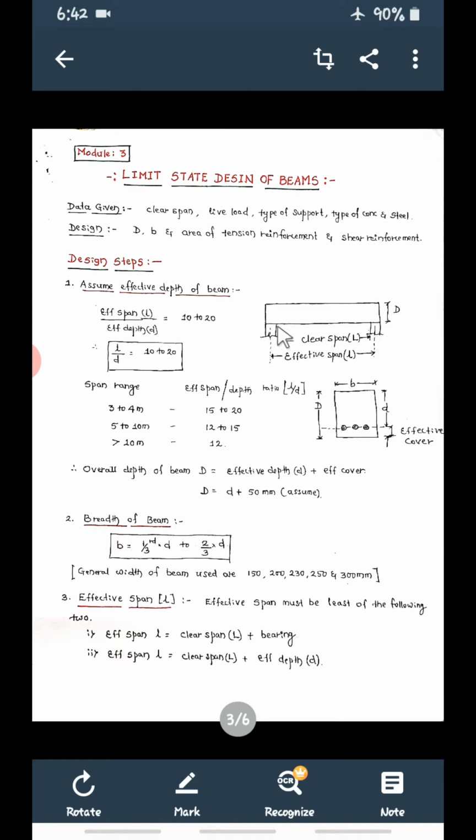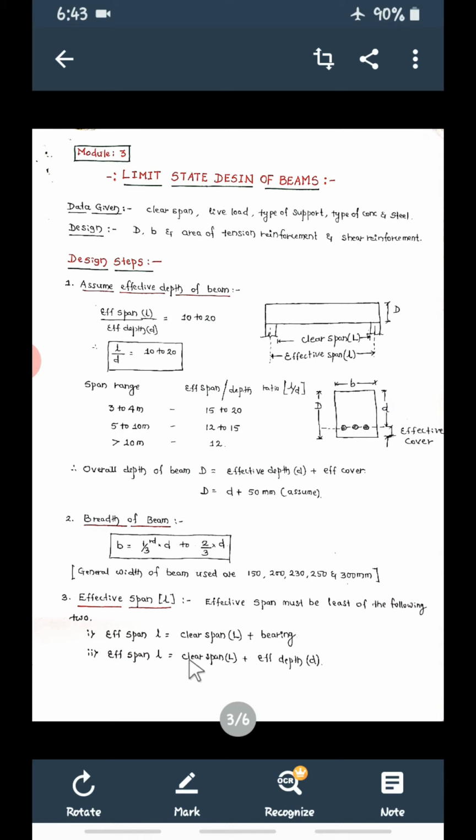Clear span L from this to this, plus half of this support, then half of this support. Half of this plus half of this means it is one bearing. One width we have to add. So clear span plus one width will give the effective span. Effective span means center of this to the center of this.